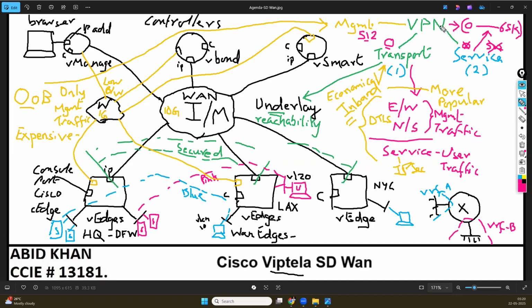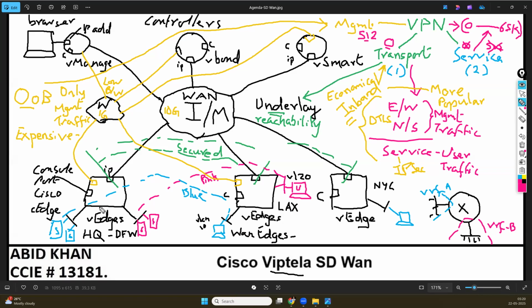Service VPNs are similar to VLANs or VRFs. Traffic between two service VPNs cannot flow by default. Like how traffic between two VLANs cannot flow on a switch, traffic between two VRFs cannot flow on a router by default.